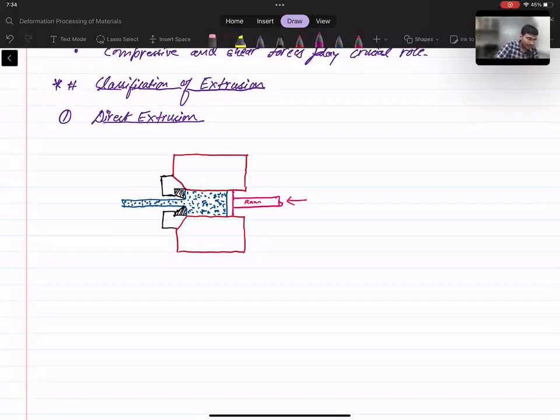So this was the container. This was the ram and this was the dummy block. This was the billet.